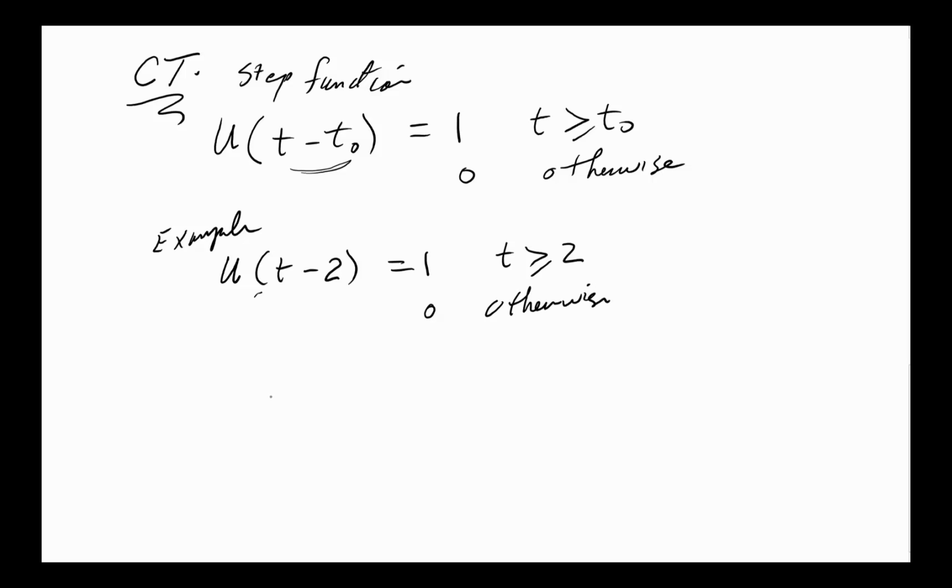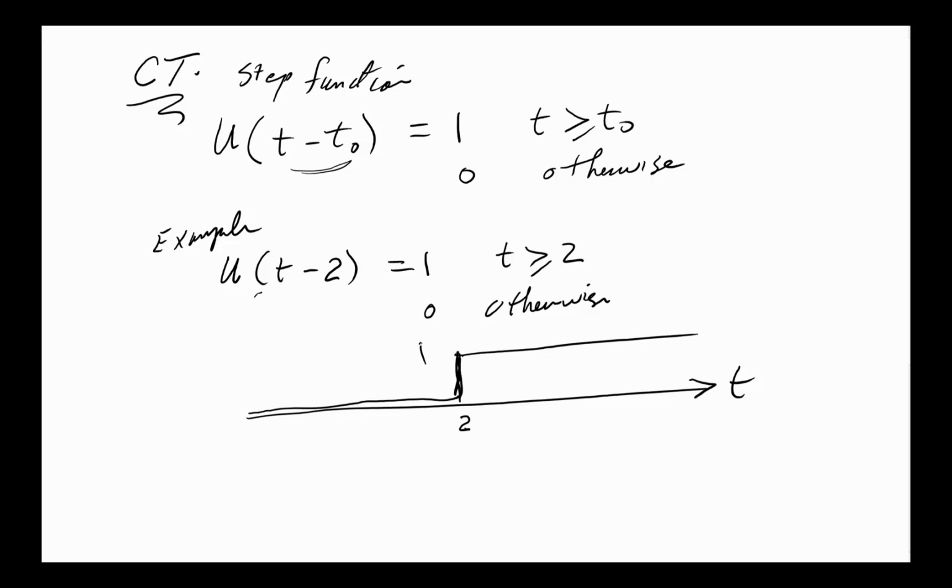So now I can plot this. If this is t, we can plot this as being 0 all the way to 2, popping up, there's a discontinuity, and then coming up to 1 and moving forward. Again, these are all called unit step functions.